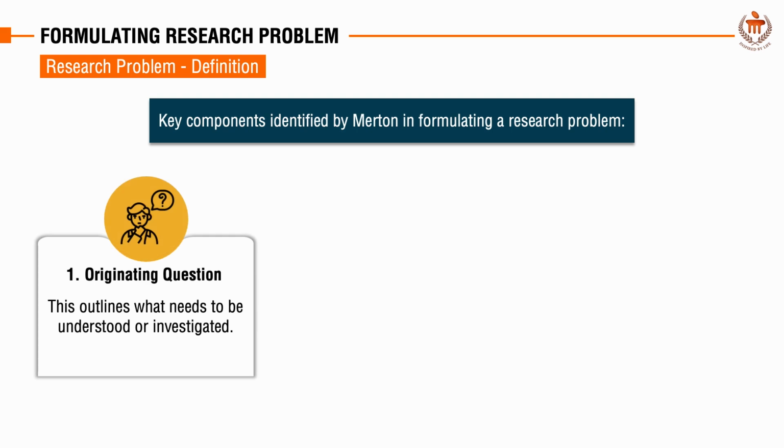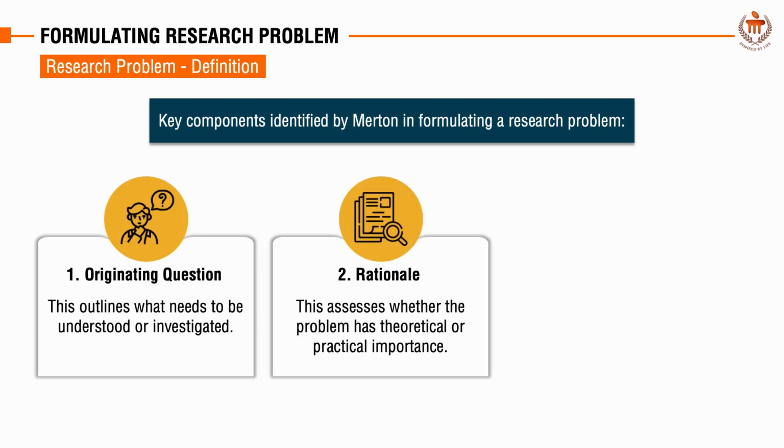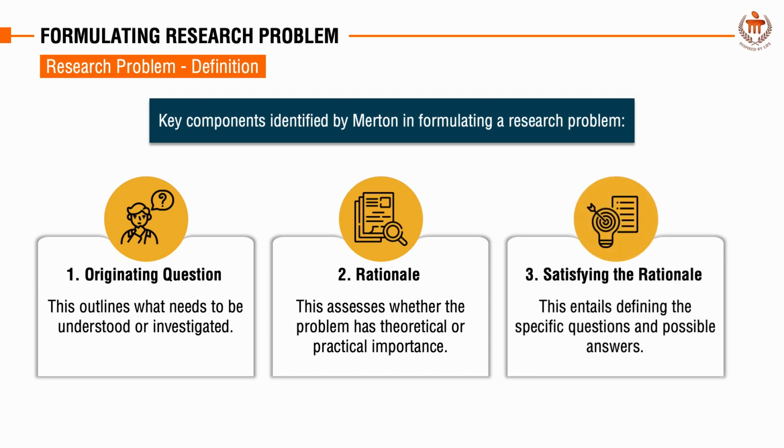Originating question: this outlines what needs to be understood or investigated. Rationale: this assesses whether the problem has theoretical or practical importance. Satisfying the rationale: this entails defining the specific questions and possible answers, evaluating whether the problem adds to existing knowledge, provides practical value, or merely replicates previous findings.